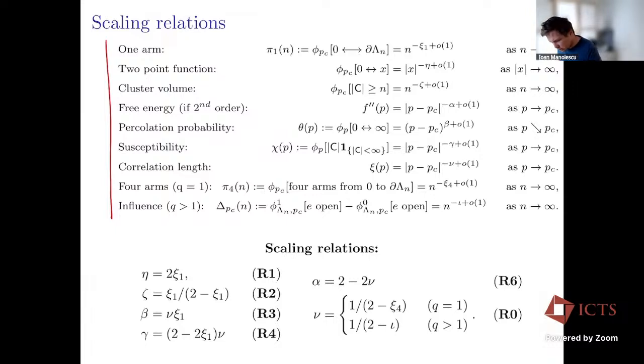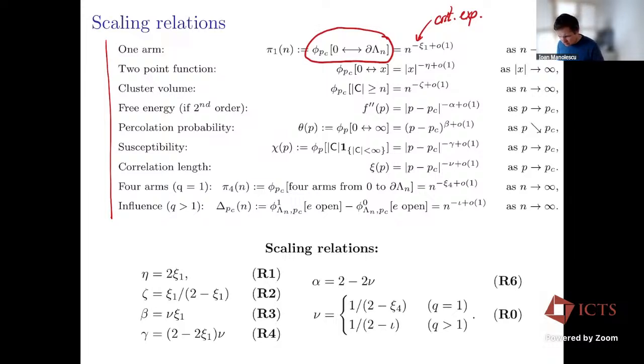Here's the one that we looked at before. It's the probability of having a large cluster in diameter, and it's supposed to have an exponent which is usually called alpha 1, but for some reason in my slides it's not. And then there are a whole bunch of other critical exponents.